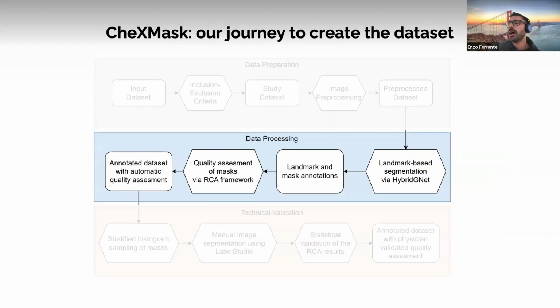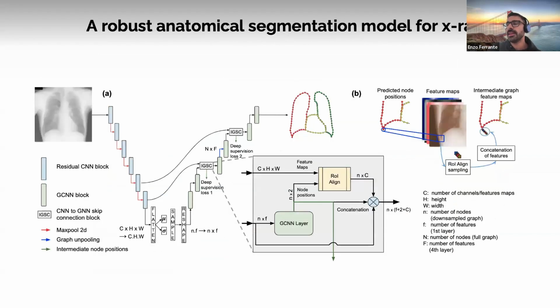Then after that, how did we create these segmentations? Well, we have a model that is called hybrid GNet. I'm not going to enter here into the details of the segmentation model itself, mostly due to time constraints.